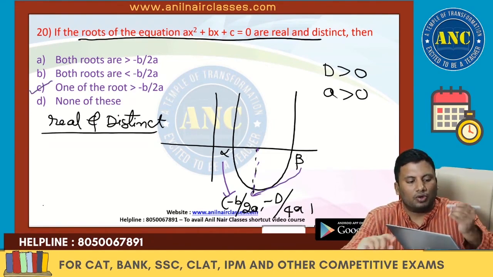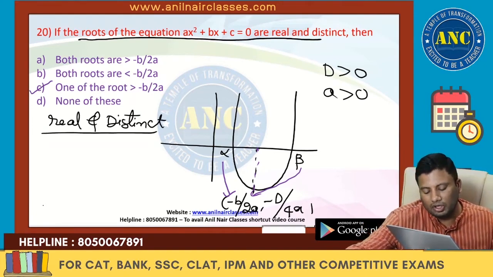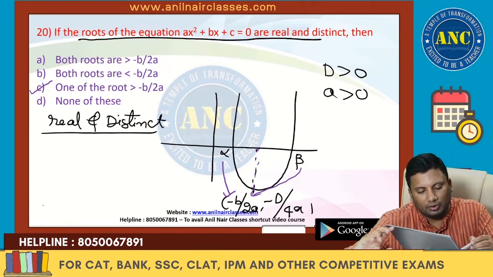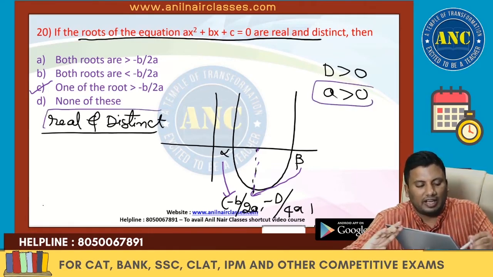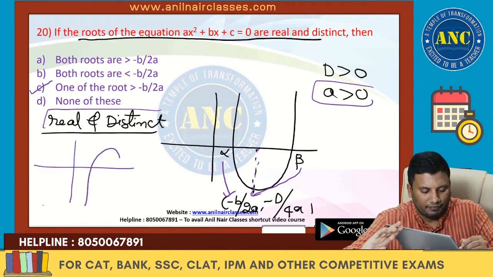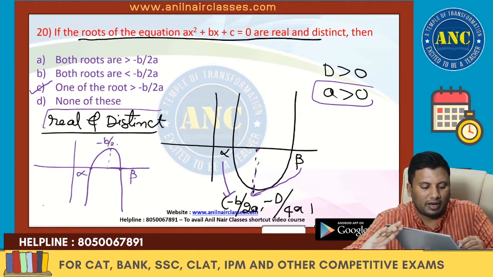You don't need to do anything. If you are good in graphs, you will come to know that one root will definitely be greater than minus b by 2a, which is real and distinct. This is the graph for a greater than 0. Even if you take a less than 0, this is alpha, this is beta, this is minus b by 2a.